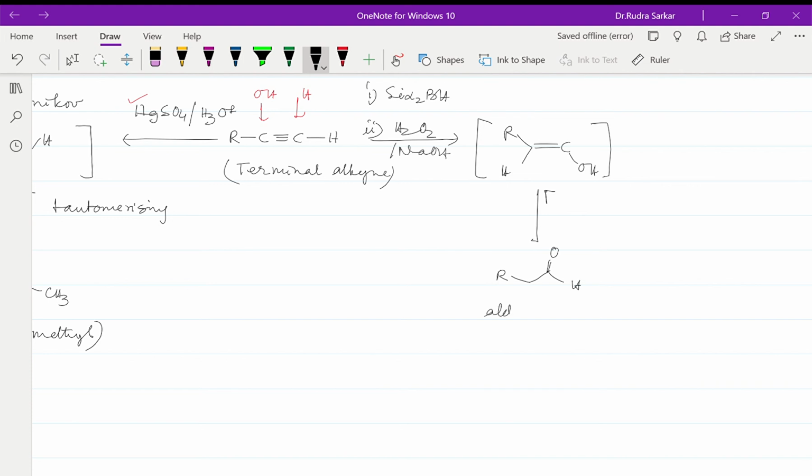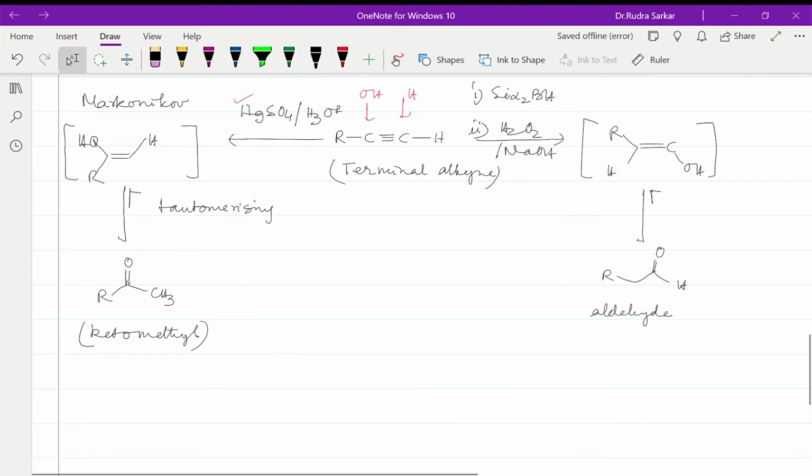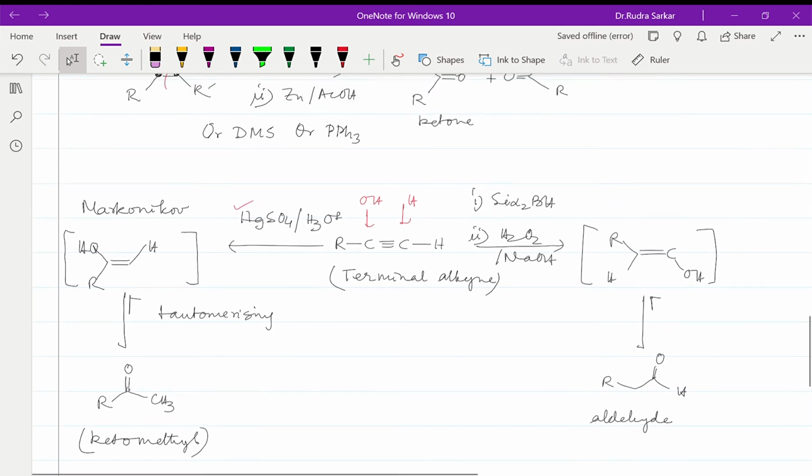So the hydroboration and oxidation process is going to give us an aldehyde, whereas the mercuration process will give us the ketone product.